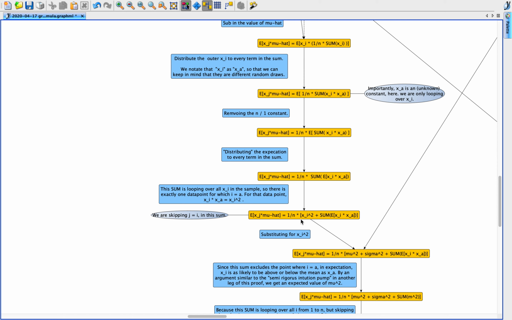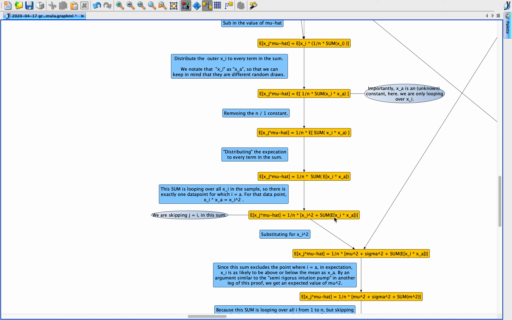Did we drop an expectation there that we shouldn't have? So now we have, maybe we did drop an expectation that we shouldn't have.